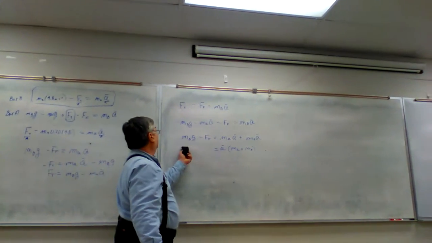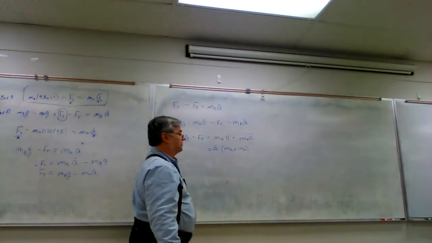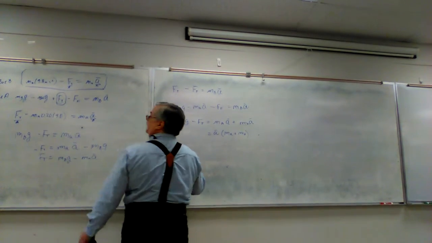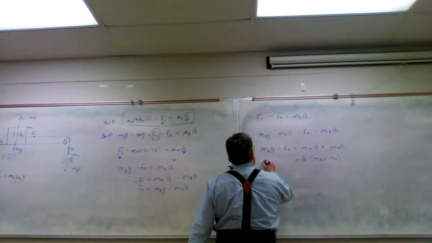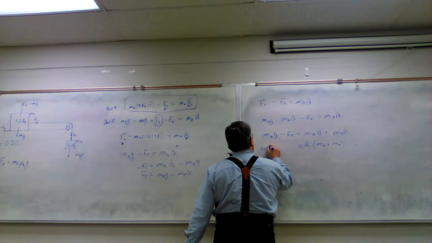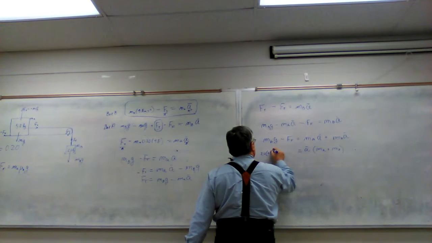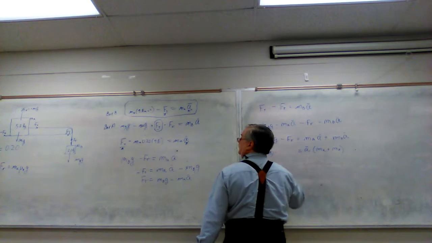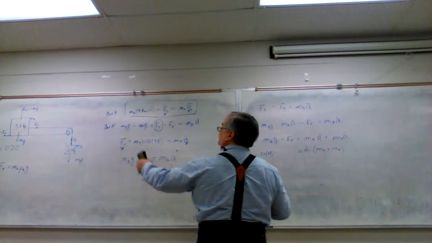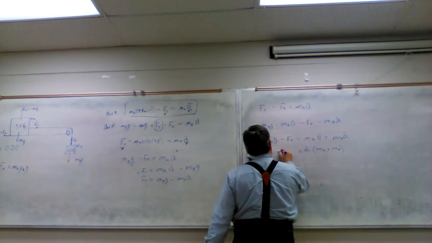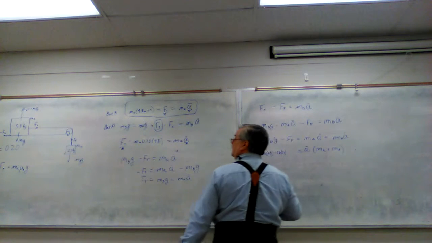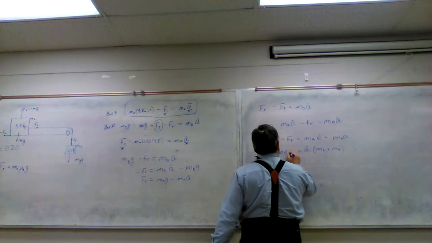And now we can put in the numbers. Mass B times G: mass B is 2 times G, minus the force of friction, which is 5 kilograms times mu sub k, which is 0.2, times 9.8.